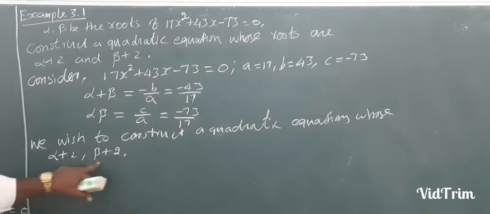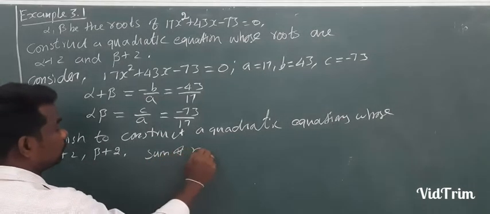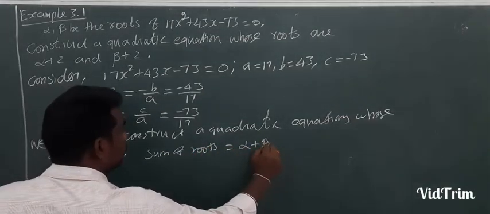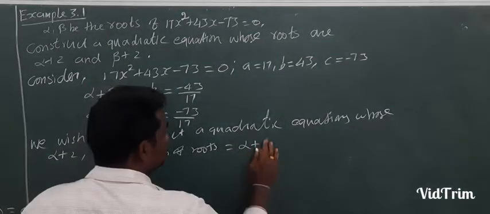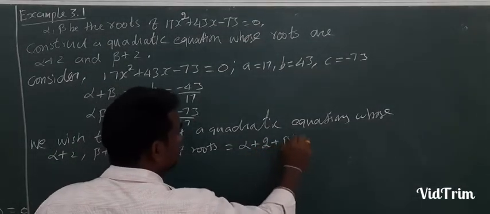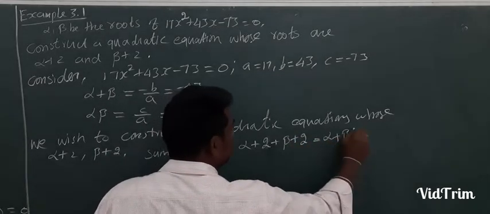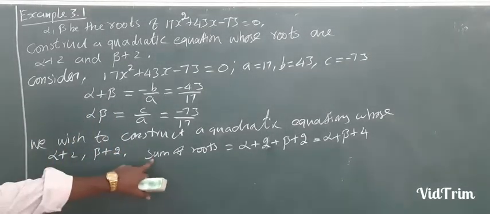Now we are going to add: the sum of the roots is alpha plus 2 plus beta plus 2. Then we have alpha plus beta plus 2 plus 2, that is 4. So that is the first component, the sum of the roots.